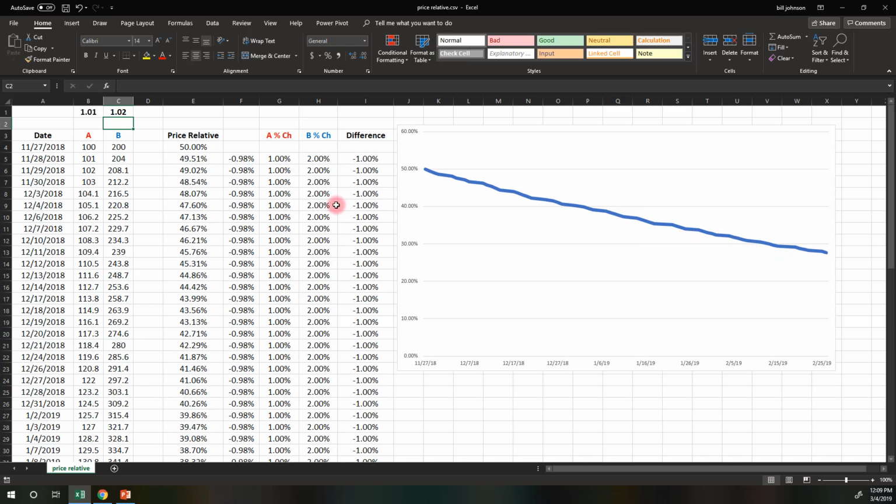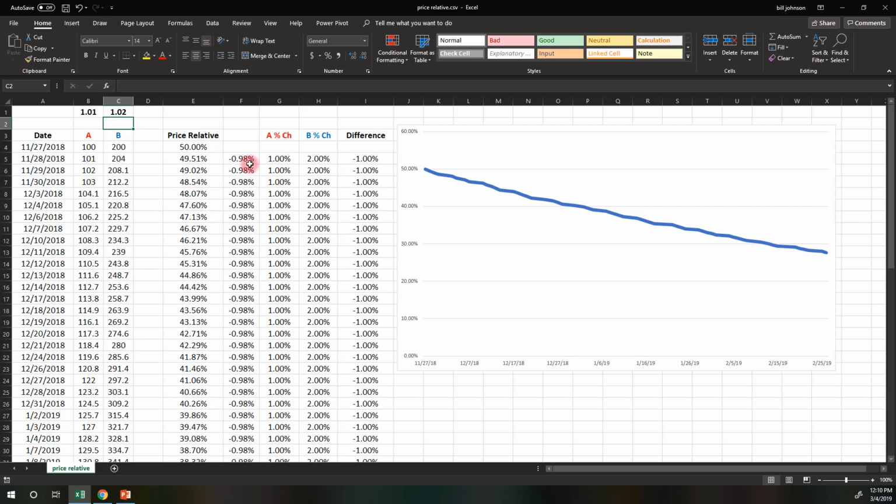Now, mathematically, let me show you something else that's happening. Here you can see that our price relative is dropping. Again, that's just taking A divided by B, and it's falling at about 0.98%. If I were to take the percentage change from 50% down to 49.51, that's a fall of 0.98%.